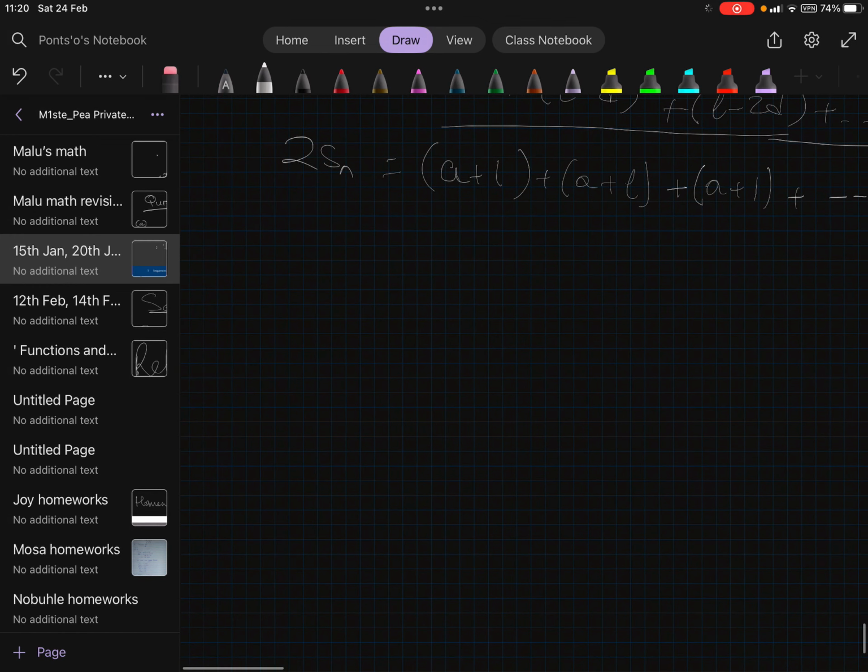But since we're just working with the nth term, then we'll have to multiply n by all the terms a plus l, because it's so many times that a plus l is multiplied. Just as in the proof, it was 100 times that the 101s were multiplied. So now that we have twice the sum to the nth term equals n times the first term and the last term.